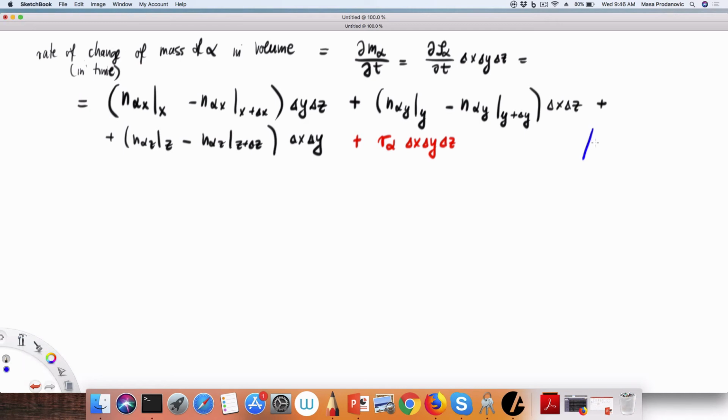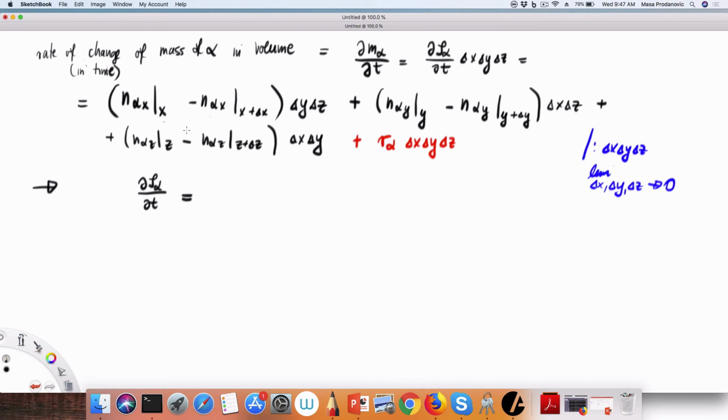My standard procedure, divide by volume and take the limit. So what I'm going to get is d rho alpha dt is N alpha x evaluated at x minus N alpha x evaluated at x plus delta x, divided by delta x.